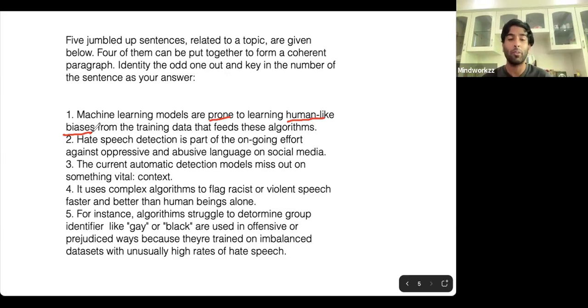So it might recommend Pepsi because of a bias. This is just a normal example. So anyway, from the training data that feeds these algorithms.